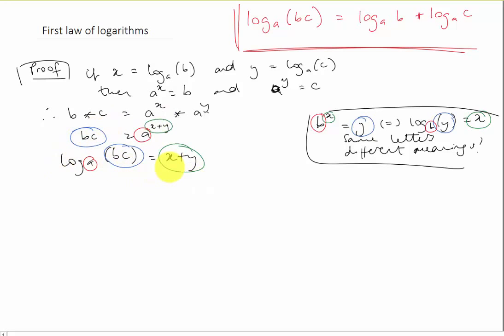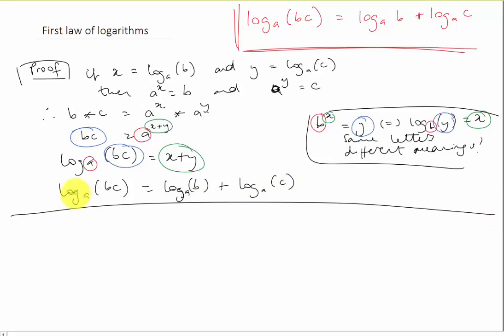Okay, so I'm just using this equivalency to change from this into a logarithm. Okay, and then we know that x is equal to log a of b and y is equal to log a of c, so we can just substitute those in there. So log a of bc is log a of b plus log a of c. So there's the proof. I just feel honor bound to show you that. You don't have to remember it, but you could maybe reconstruct it yourself if you manage to forget.